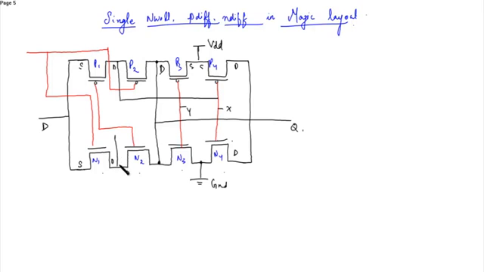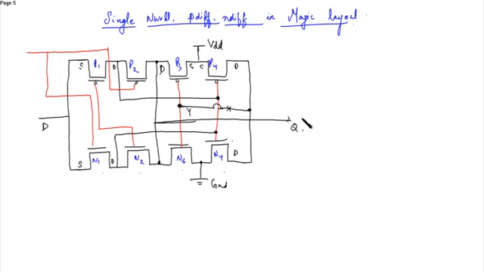Similarly here, X was connected over here, and Y was connected. Y is actually the output of X, and the output of Y is Q. The output of the inverter 2 is Q.